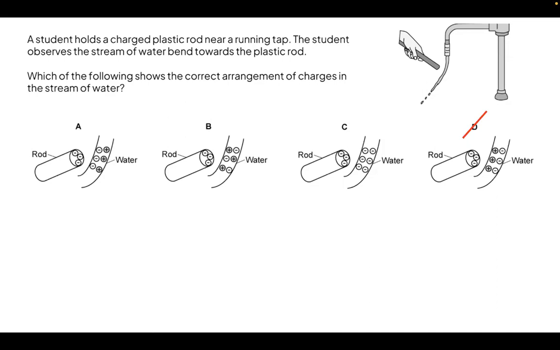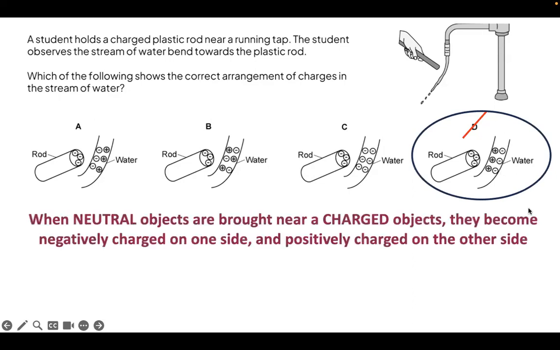They were just mixed. And now the electrons got repelled by the electrons in the rod. So the electrons moved to one side and the positive stayed. And now the water is positively charged on one side and negatively charged on the other side.